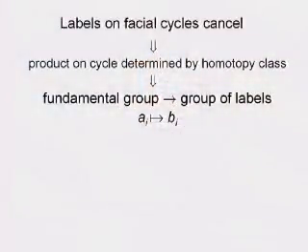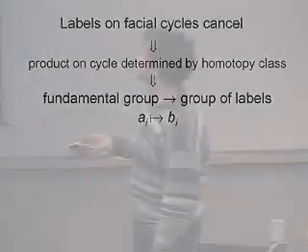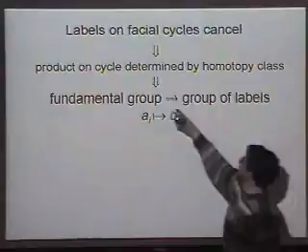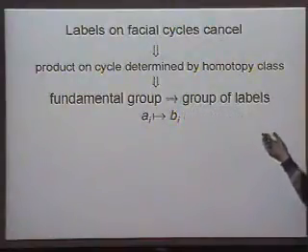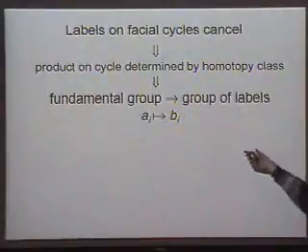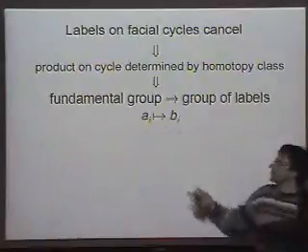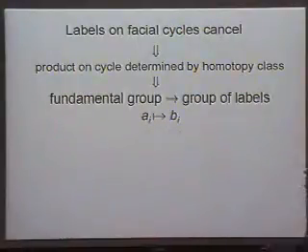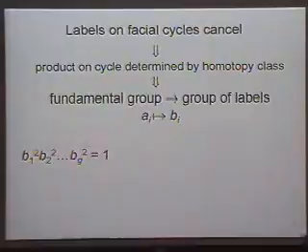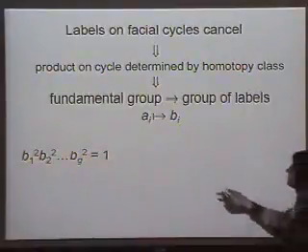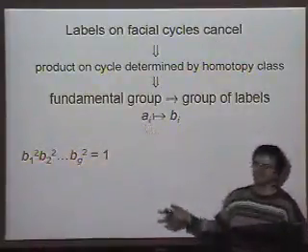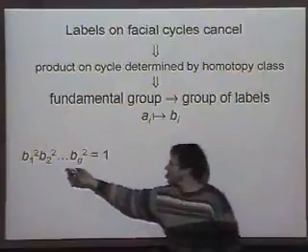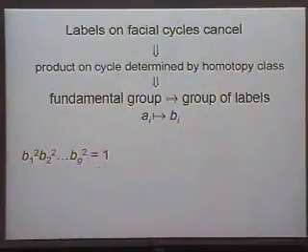the fundamental group. And what this means is that the fundamental group maps to the group of labels, in this case, this semi-free group. So there are generators that map to some values, AI maps to BI. And what we have is that the square product of AIs is 1. So the square product of BIs is again 1.